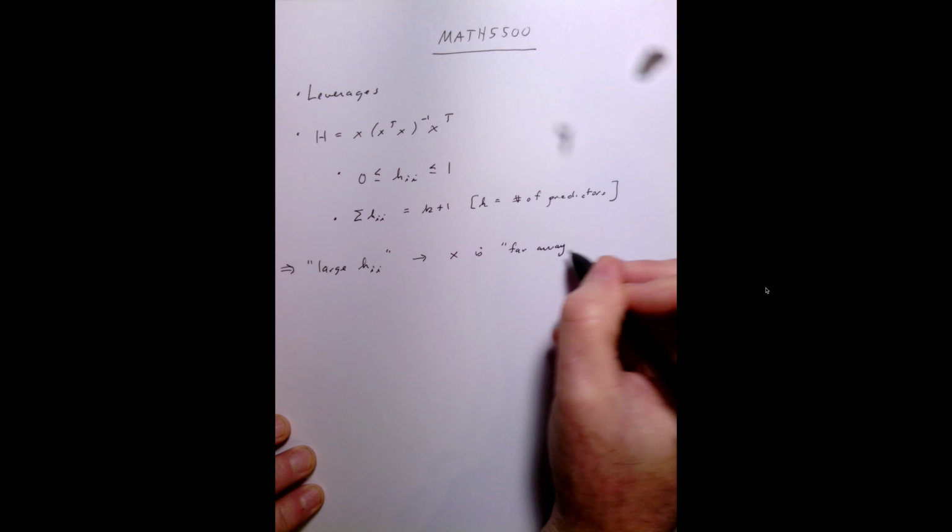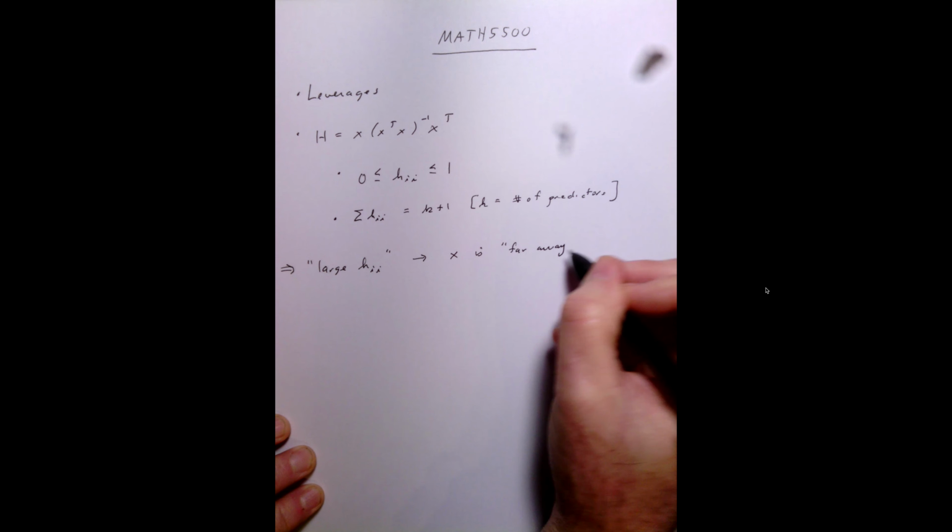And you can recall that, and this is why I'm hesitating, I forget. So h bar is just going to be the sum of the diagonal elements over the sample size. And the sum of the h's is just k plus 1, over n.